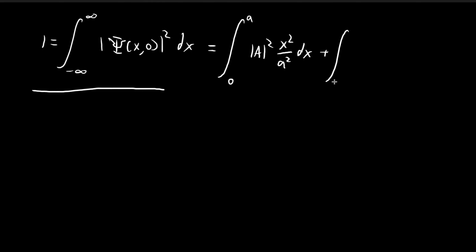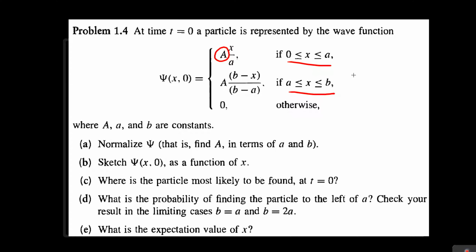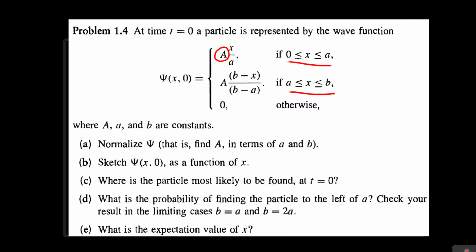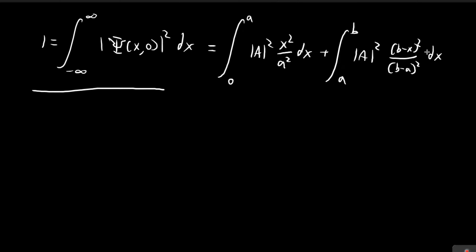And then the integral from a to b, the inside expression is going to be equal to this squared. So we get the absolute value of A squared, and then (b minus x) squared over (b minus a) squared dx. And then the rest of the integral from b to infinity, once again, this region does not lie within these two regions, so that's why it's also going to be equal to 0.